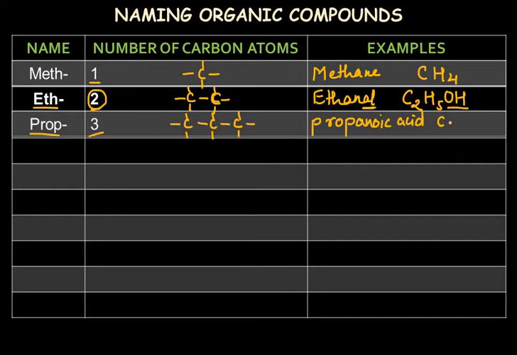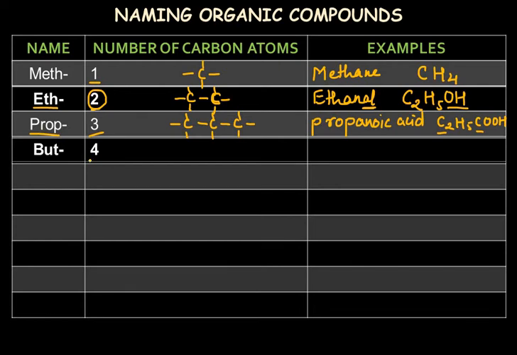Here we have 3 carbon atoms in total: 2 carbon atoms for the alkane chain, and the carboxylic acid also carries a third carbon atom. So a total of 3 carbon atoms gives the name propanoic acid.